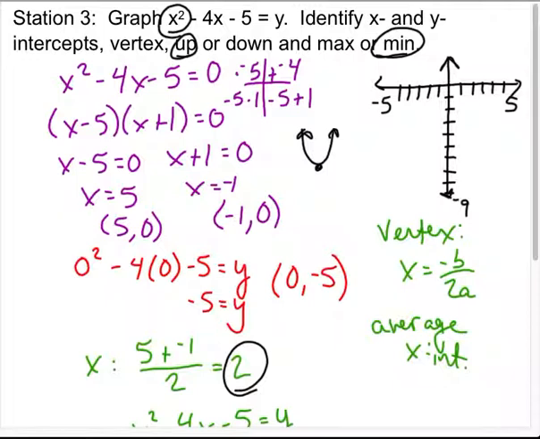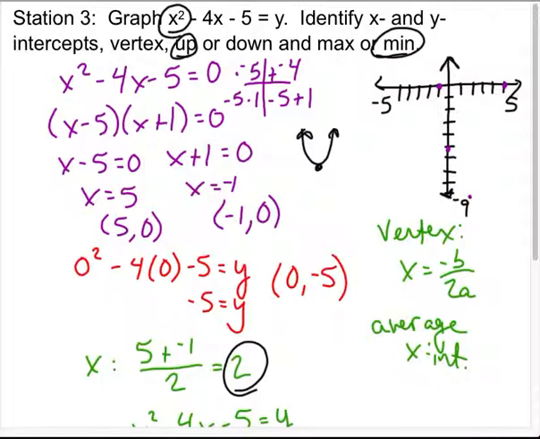All right, so plotting my ordered pairs, my x-intercepts, I have 5, 0, and negative 1, 0. My y-intercept was negative 5. And my vertex was 2, negative 9.